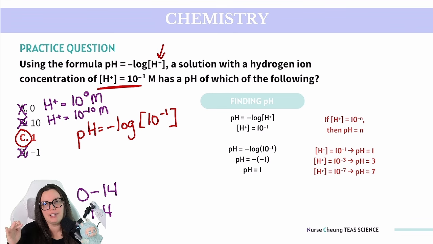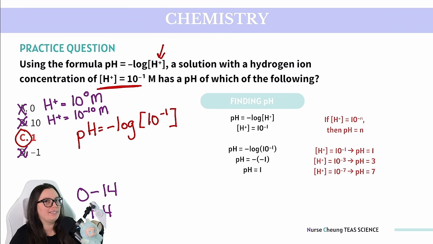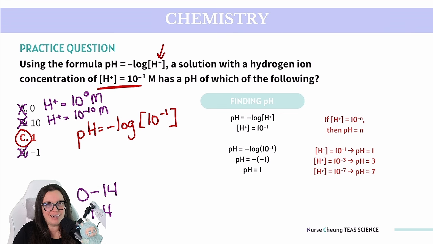With a negative number, we would be seeing something off of the scale. It's very rare that we would have a negative pH. It only happens in extremely acidic solutions. But for the ATI TEAS, you don't necessarily need to know that. You just need to know that scale of 0 to 14. So D would also be incorrect because it's just not something that's going to be on the test.